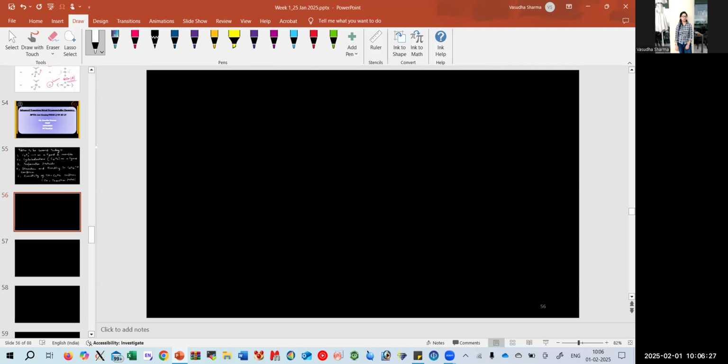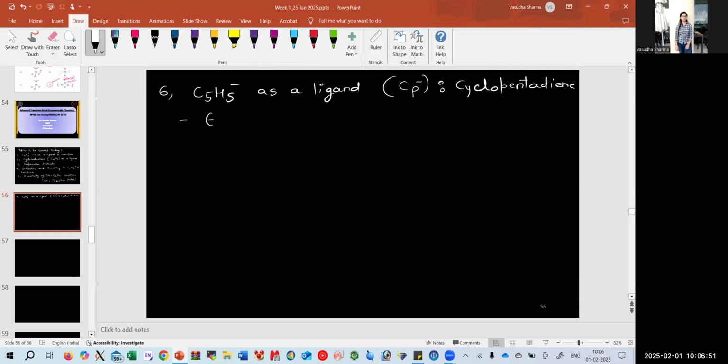Followed by that, we will have C5H5 as a ligand, which is your Cp ligand, and the full name is cyclopentadiene. So we will take up its examples.